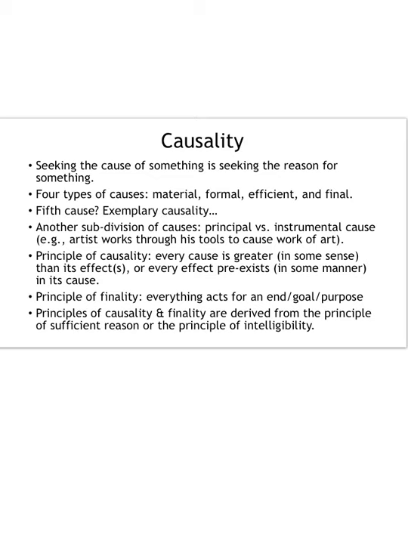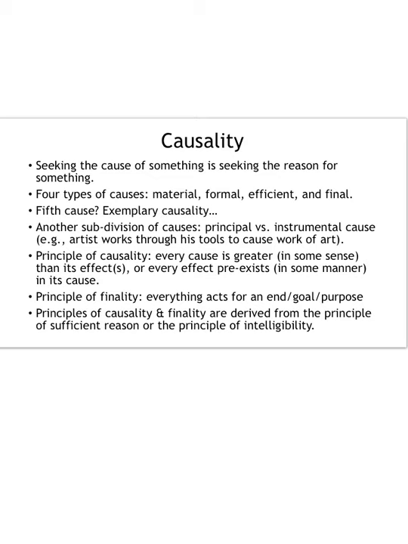So another example of the instrumental versus principal causality is the artist using the tools to create a work of art. And you could talk about this in terms of creation and evolution again, too. The Creator uses the mechanisms of cosmic evolution and biological evolution, whether it's natural selection or other mechanisms, to bring about the things that exist.